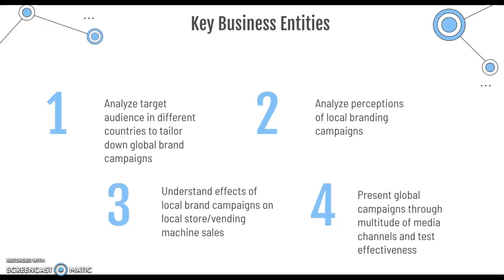So this also goes with tailoring the global brand campaigns to specific cultures and countries that they're in. 3, understanding effects of local brand campaigns on local store and vending machine sales. And then 4, to present global campaigns through a multitude of media channels and test effectiveness.